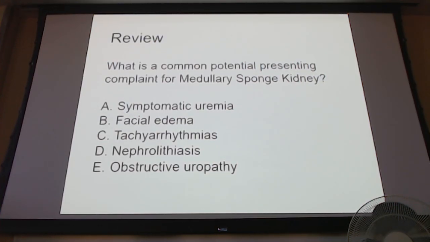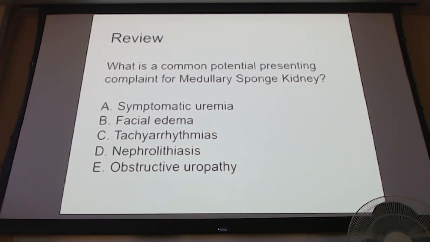Now, can you get an obstructive uropathy from a stone? You can, but you have to have the stone first. By definition, obstructive uropathy is a condition that occurs as a result of an obstruction. Just having an obstruction isn't obstructive uropathy. That's an obstruction.